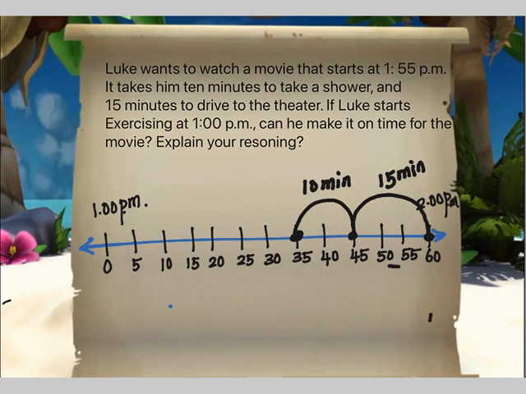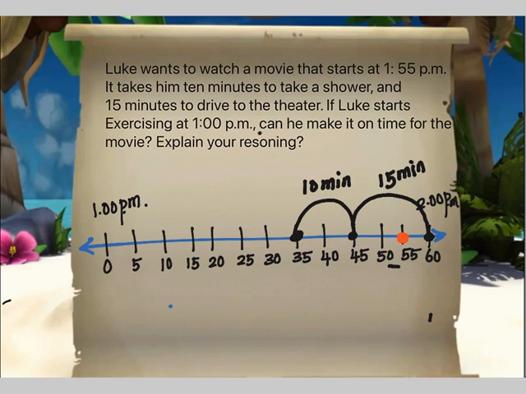So we know that the movie starts at 1:55 p.m. But Luke will reach only at 1:60, that is 2 p.m. Luke is supposed to reach at 1:55, which he cannot because he is a little late. So the statement should be, no, Luke can't make it on time for the movie.